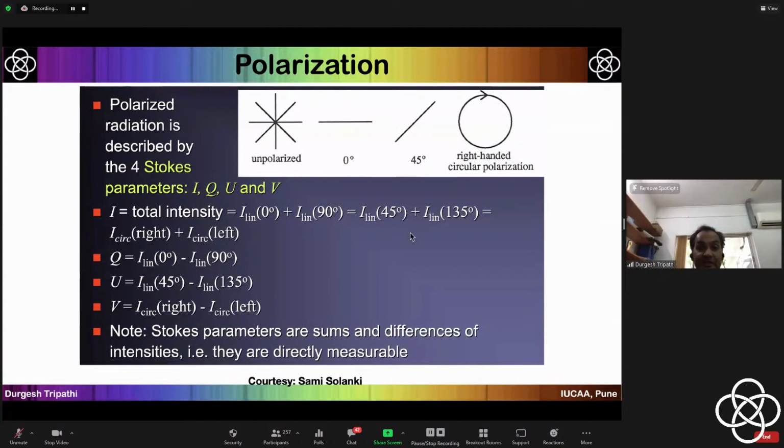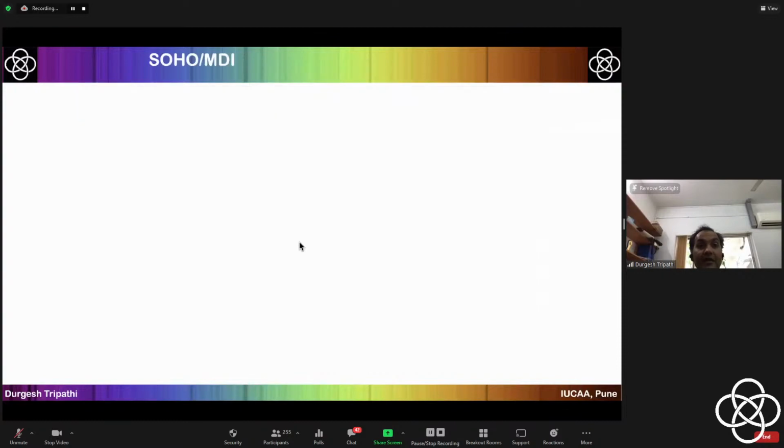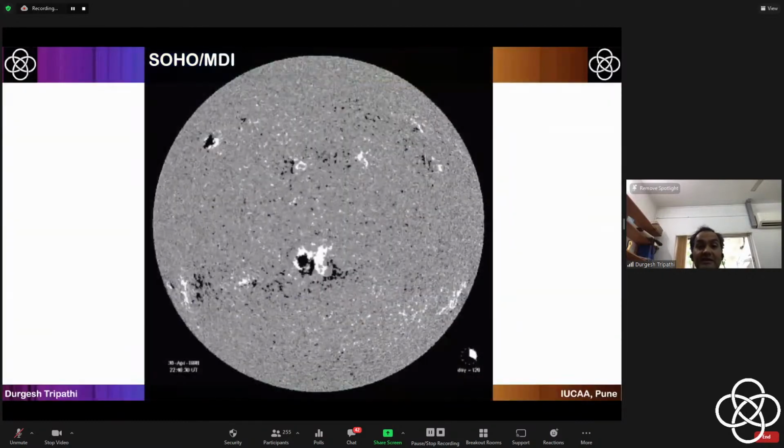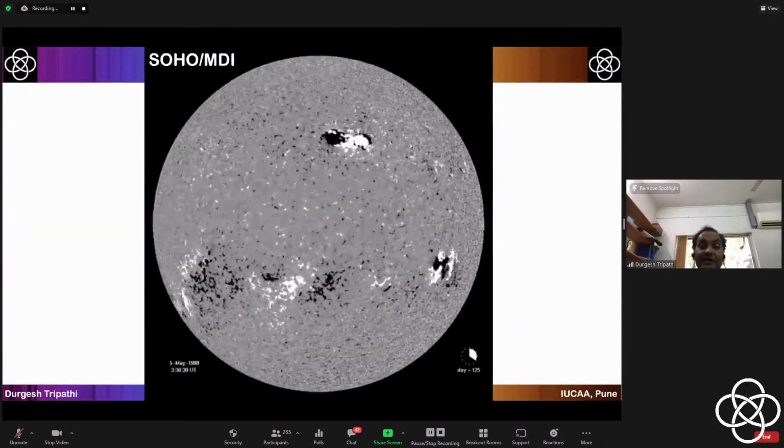So you have I, Q, U, V, where I is intensity, Q and U give you the linear polarization, and V gives you circular polarization. The circular polarization gives you the line-of-sight component, whereas Q and U give you the horizontal component of the magnetic field. Once you do that, you can create a magnetic field map on a regular basis.